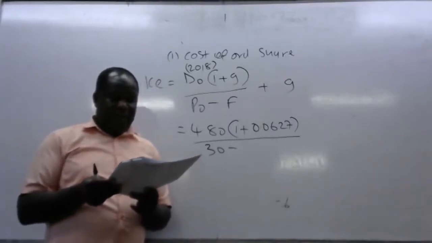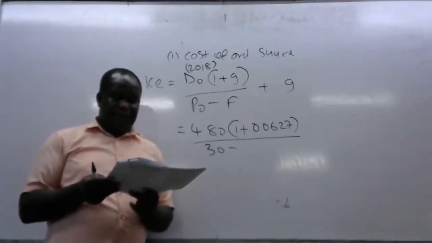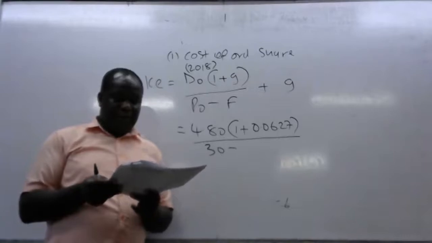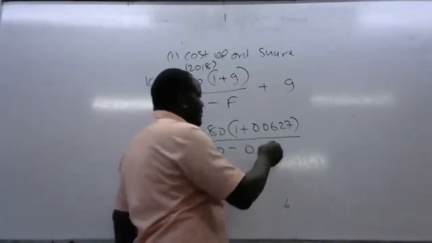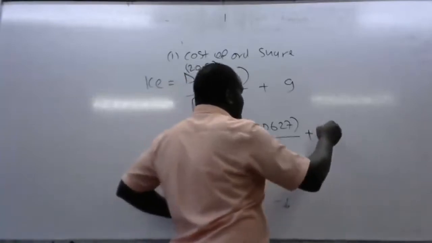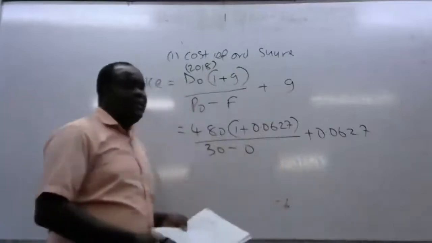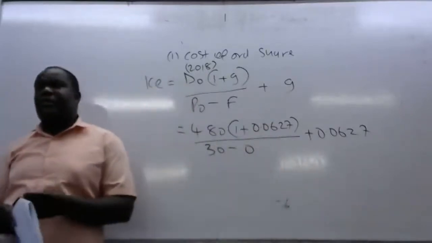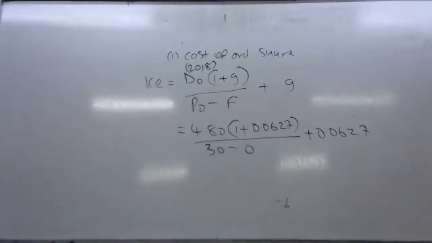Are we able to see any flotation cost anywhere? It looks like it is not there, so we assume it is 0. Then you also add 0.0627 and express it as a percentage.